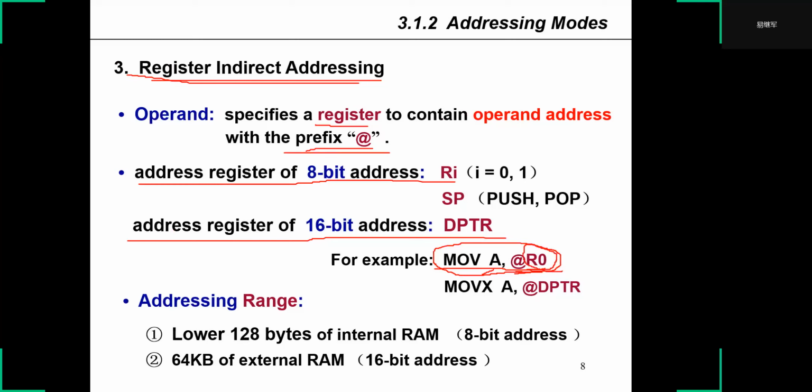So if you want to get the data value, you need to read the address in the register. Addressing range: 128 bytes of internal RAM or 64 KB of external RAM.